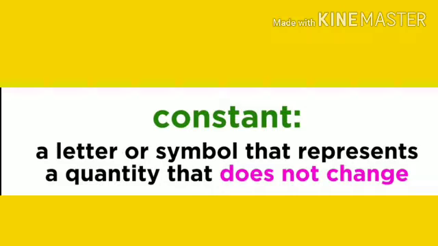Usually we tell the numbers as constants, but in higher classes you will learn some letters are also used as constants, but for your lesson we are dealing with numbers as constants. So constants are values that do not change.